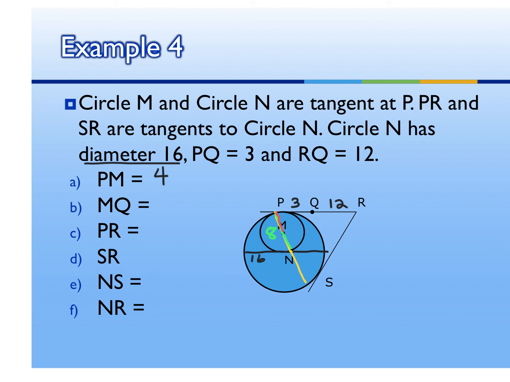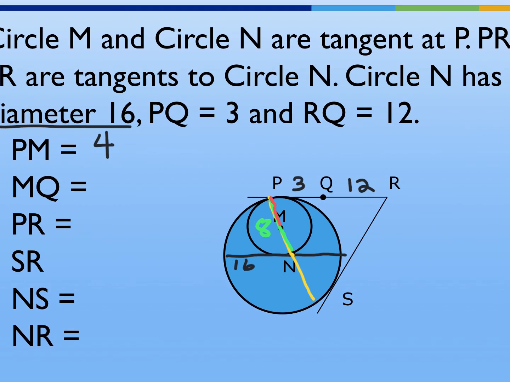For MQ, I'm going to use my right triangle here. Since point P is a point of tangency, I know that I have a right angle. And when I draw MQ here, I now can see that it's going to be a triple because this little piece was 4 and this hypotenuse is going to be 5.